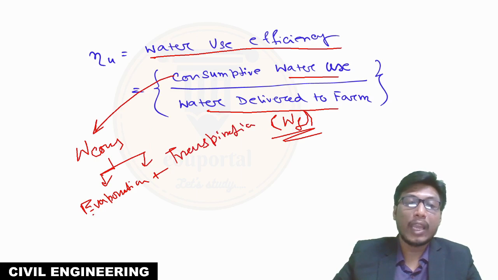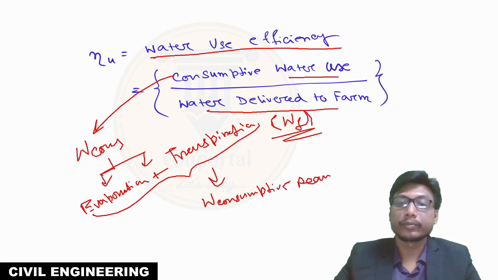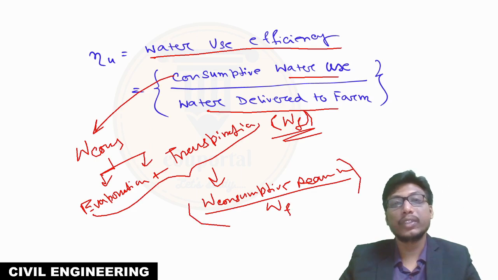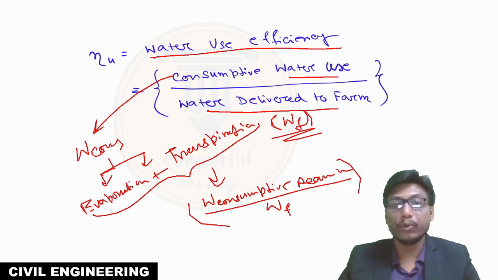Okay, so the amount of water required is called consumptive use, consumptive requirement, divided by water diverted to the field. Okay, so these are the irrigation efficiencies that we need to write for the examination.